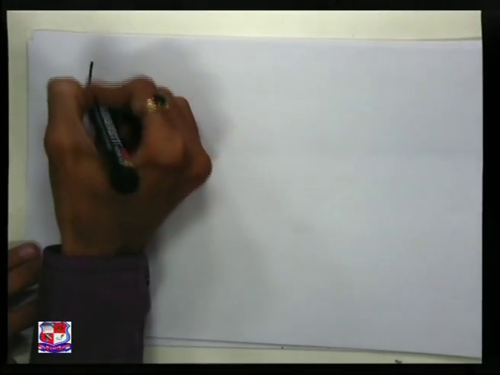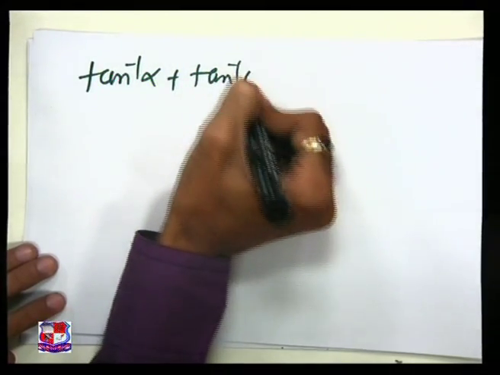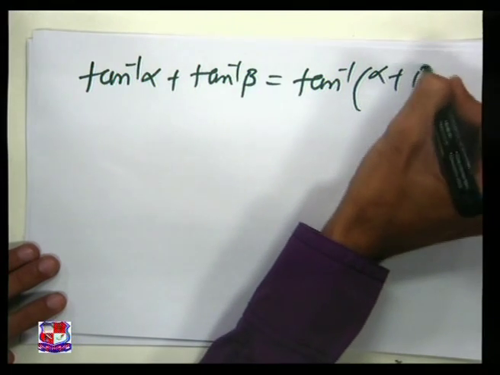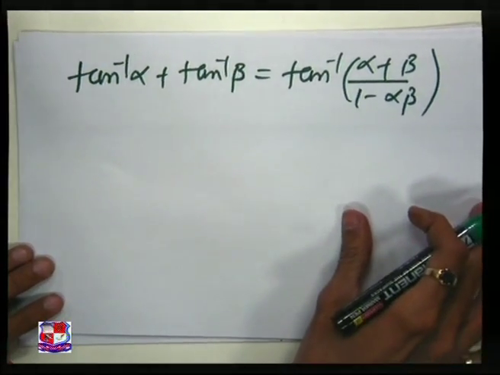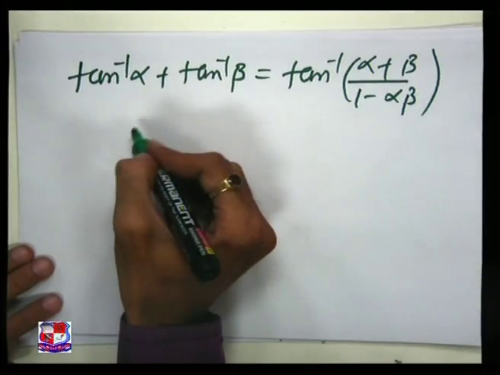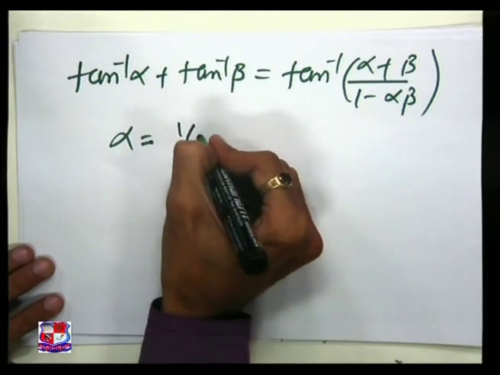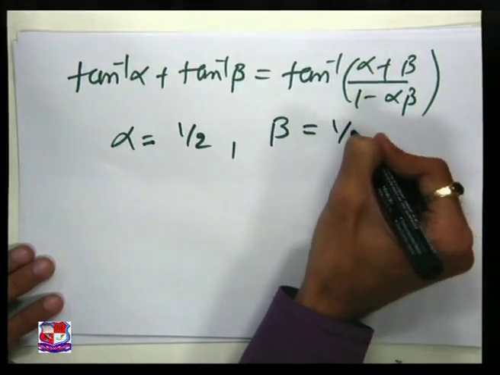The formula is tan inverse alpha plus tan inverse beta is equal to tan inverse alpha plus beta upon 1 minus alpha into beta. This is our formula. We have in this case alpha equal to the given 1 by 2 and beta equal to the given 1 by 3.